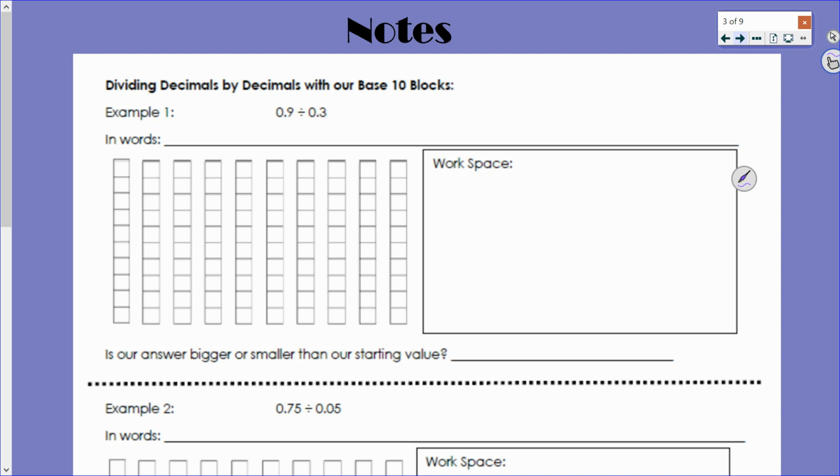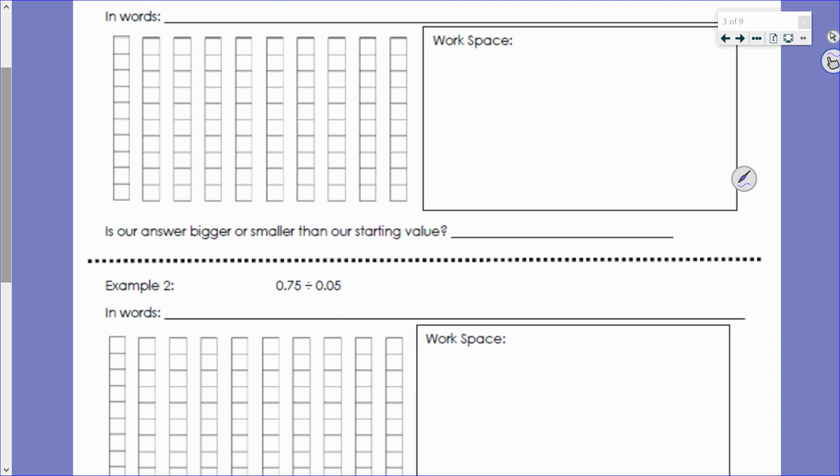So this is really saying 9/10 divided into groups of 3/10.